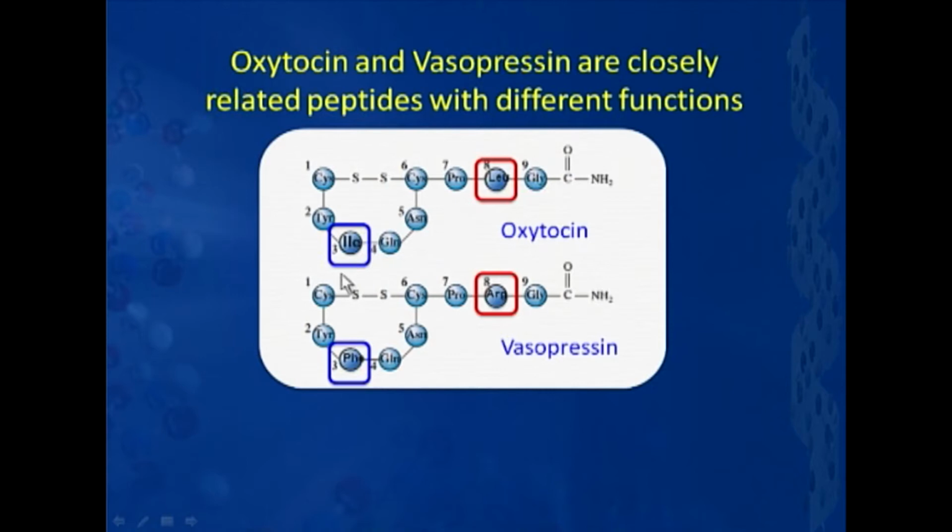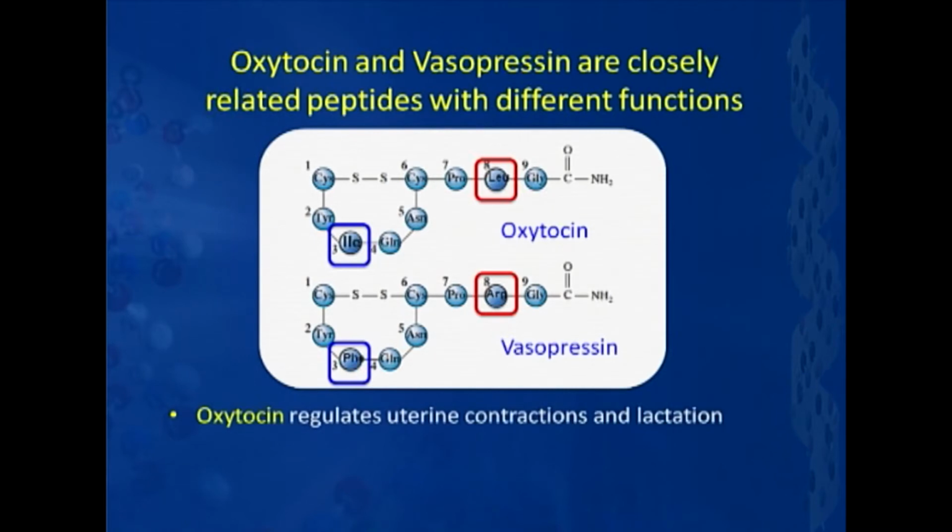The points of differentiation are that in the case of oxytocin at position 3 we have isoleucine, whereas in vasopressin I have phenylalanine, and at position 8 we have leucine in one and arginine in the other. So, there are 2 points of differentiation. That means, if in oxytocin I replace this amino acid residue by this and this one by this one, respectively, I find the 2 peptides are very different.